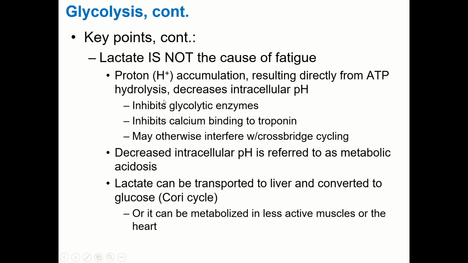All those little steps I showed you, the different enzymes like PFK, get inhibited when the inside of the cell gets too acidic. It also inhibits the binding of calcium to troponin C, which then inhibits muscle contraction. And then it also, in some other way, may interfere with cross-bridge cycling. That decrease in intracellular pH is referred to as metabolic acidosis.